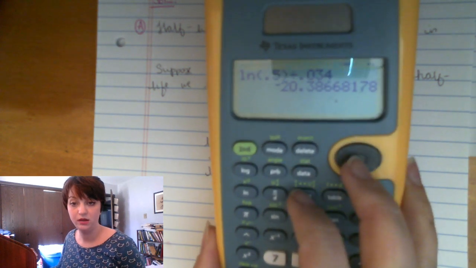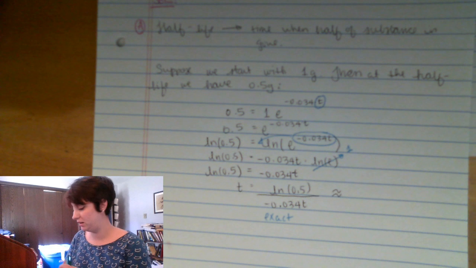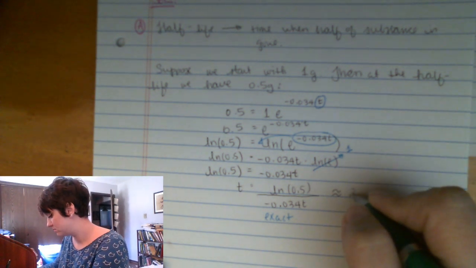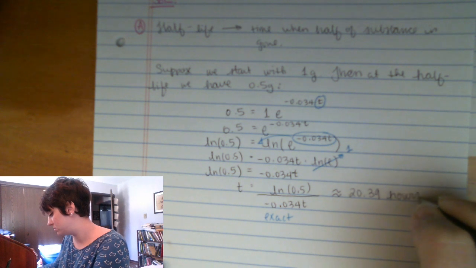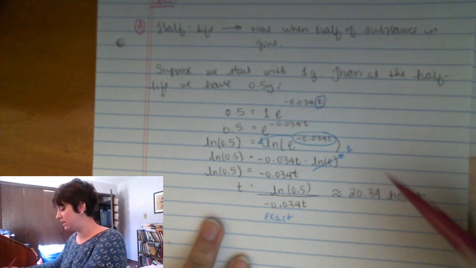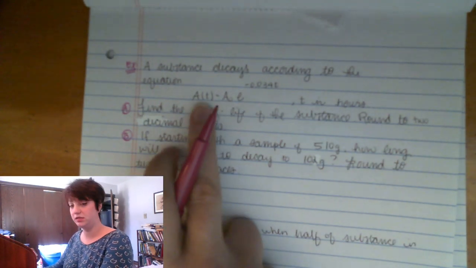So this would be a positive 20.39. What units? Hours. Remember at the beginning of the problem in the setup, they say it follows this equation where t is in hours.